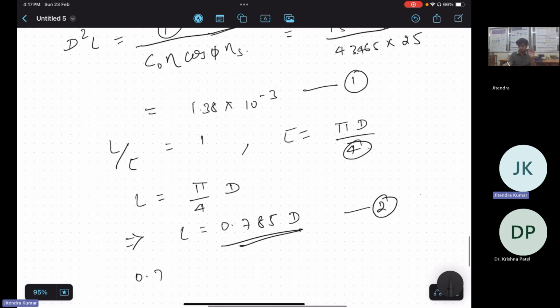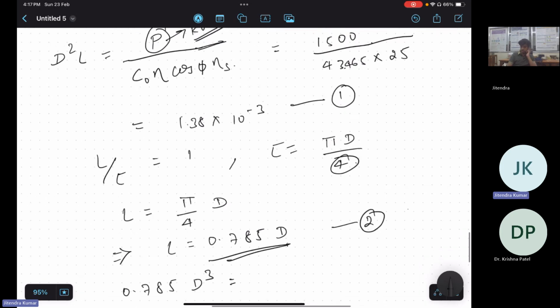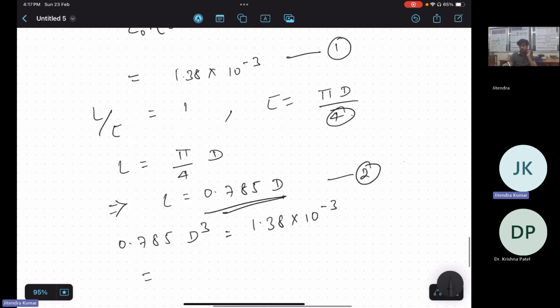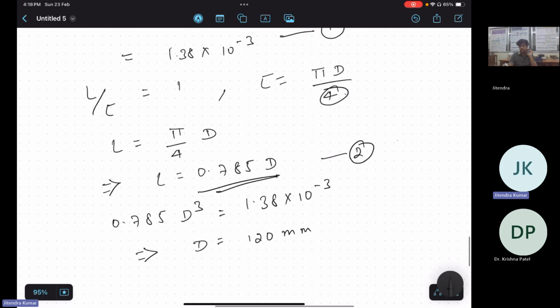So 0.785 D cube is equal to 1.38 into 10 power minus 3. From here you can calculate D. D will be equal to 120 mm. Further you plug in the value of D in 2, so L will be equal to 0.785 into 120 mm. You will get 94.24.